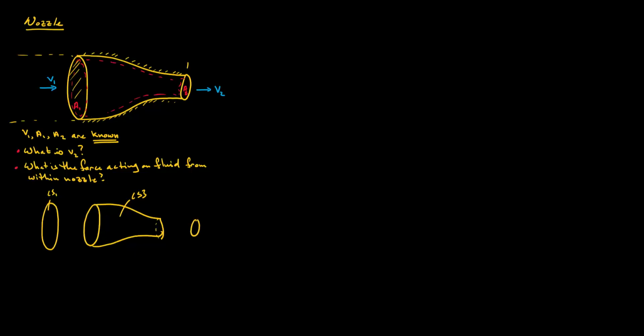Sorry, so my numbering is off. Actually, no. Let's leave it the way it was. So we'll call this 3, and we'll call this 2. I just separated the entire control volume into 3 control surfaces. So this is the inlet, this is the outlet, and these are the walls.